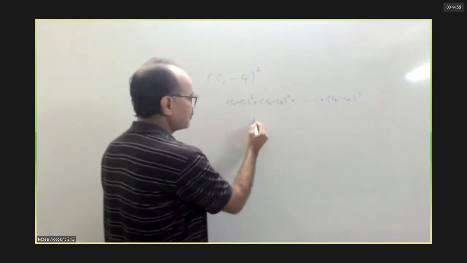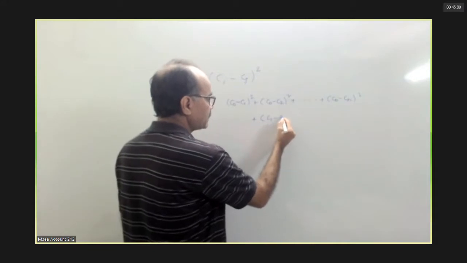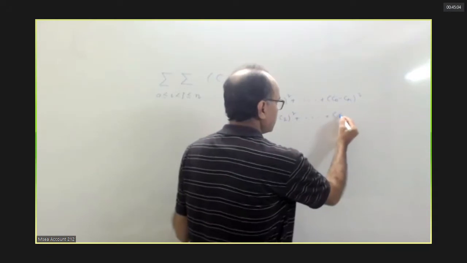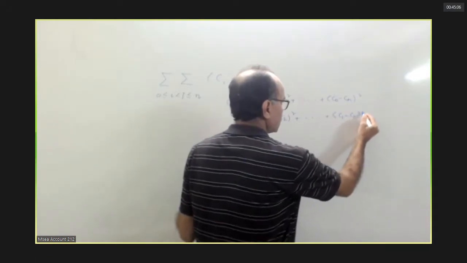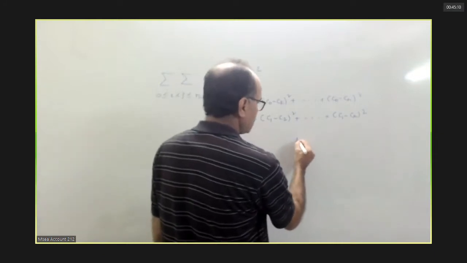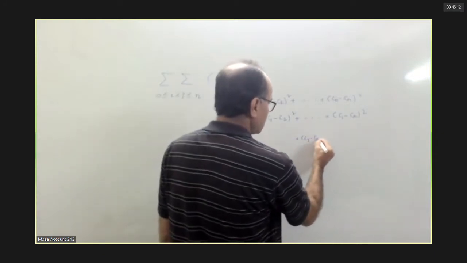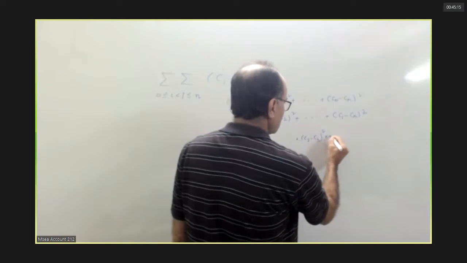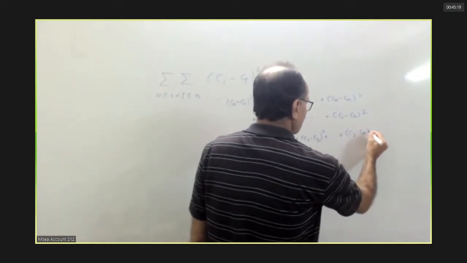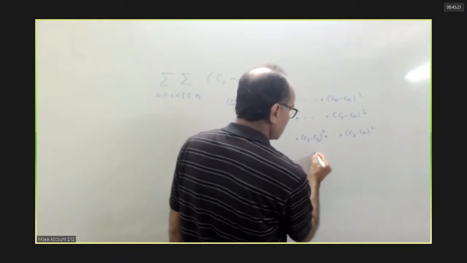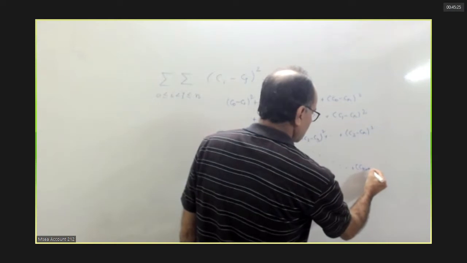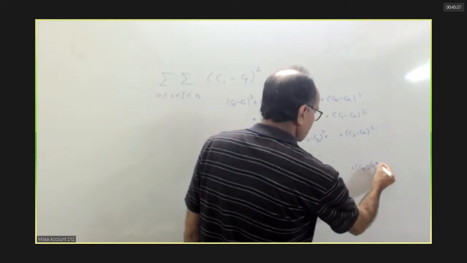Second row: (C1 minus C2) whole square plus up to (C1 minus Cn) whole square. Like that. Third row: (C2 minus C3) whole square plus up to (C2 minus Cn) whole square, and so on, plus (Cn minus 1 minus Cn) whole square.